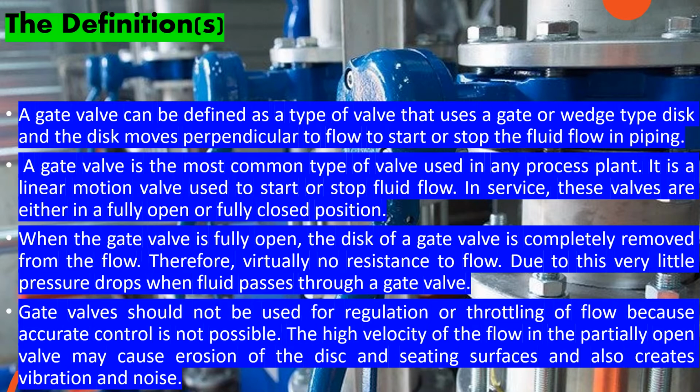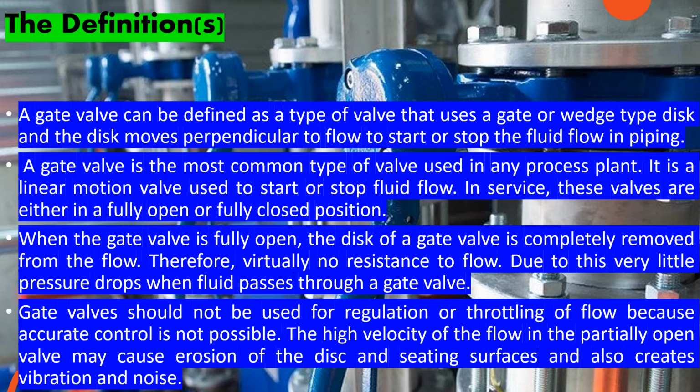Gate valves should not be used for throttling or regulation purposes. Why? Because there is no possibility to accurately control the fluid flow when we partially close or partially open the gate valve.